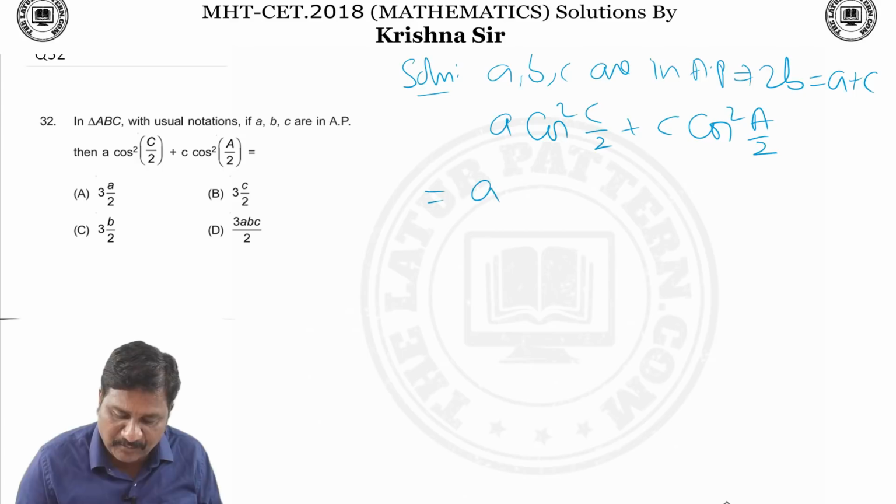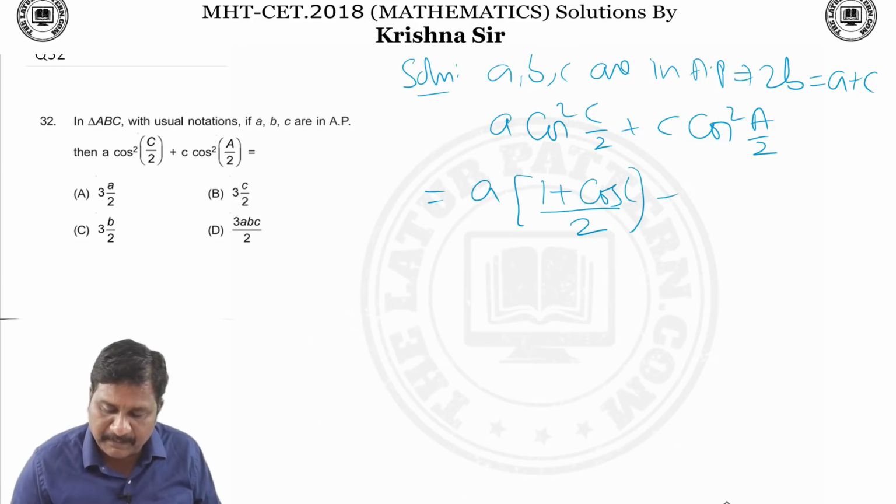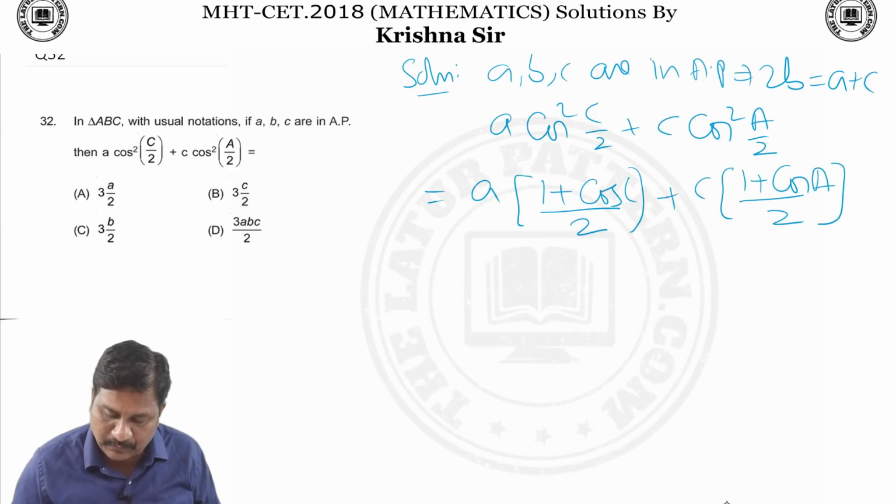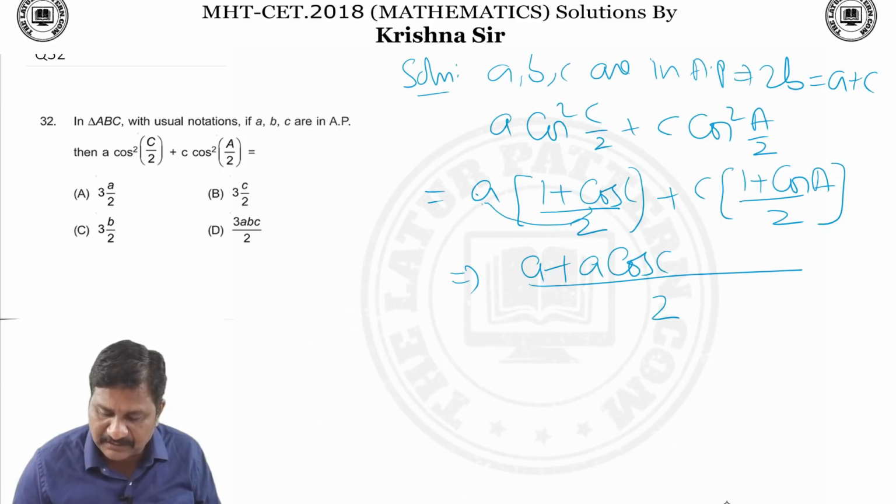By the well-known formula, cos square C by 2 can be taken as (1 plus cos C) upon 2, and cos square A by 2 as (1 plus cos A) upon 2. By taking LCM 2, multiply A with 1: A plus A cos C, plus C into 1 plus C into cos A, that is C cos A.